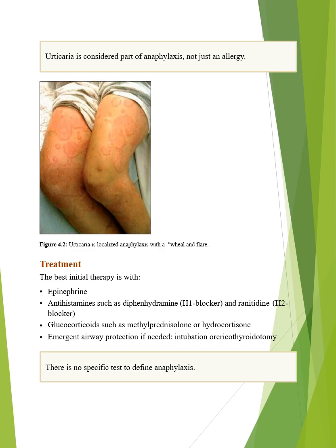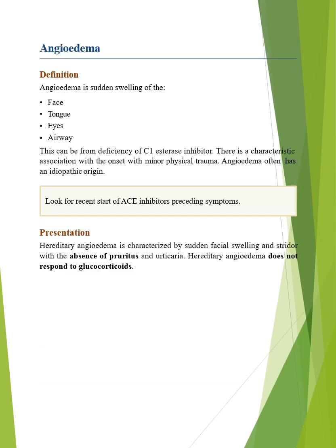And the last one, number 4, emergency airway protection as needed, intubation or cricothyrotomy. There is a clinical tip here which states that there is no specific test to define anaphylaxis. Let's go to the next slide, number 4.